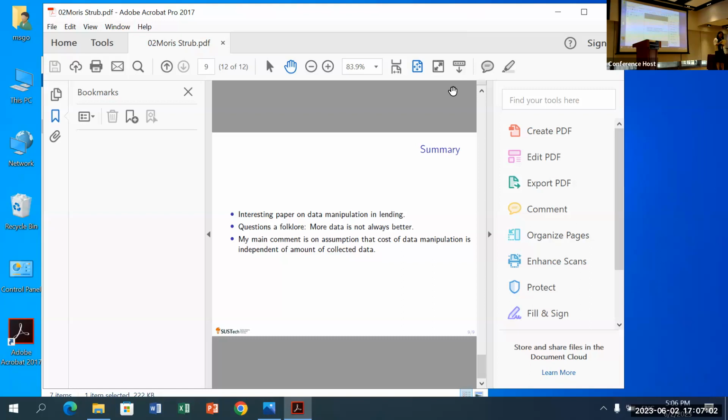The second comment is about privacy. We try to connect our paper to the privacy literature, and one thing I'm thinking is that the cost C will be an inverse measure of privacy concerns. Say, if you really care about your privacy, then the cost will be low for you because you will exert a lot of effort to manipulate.